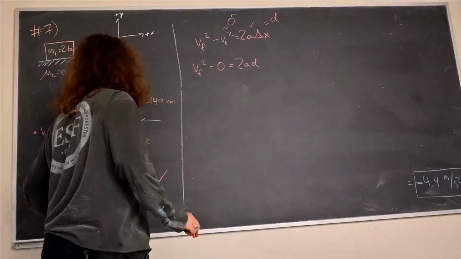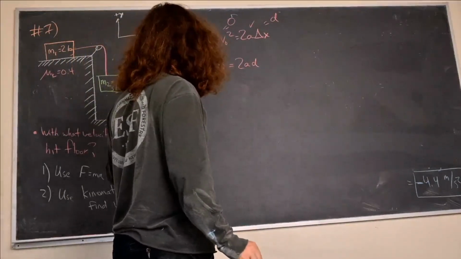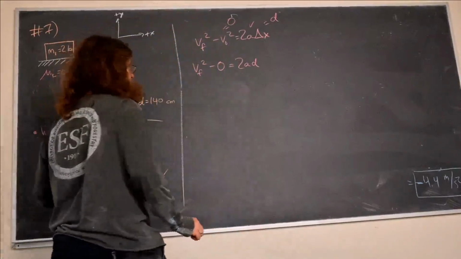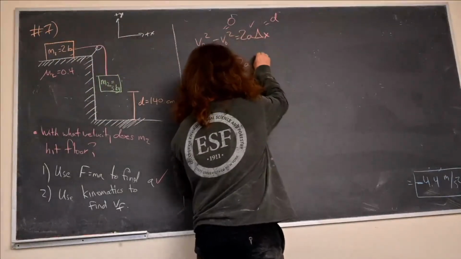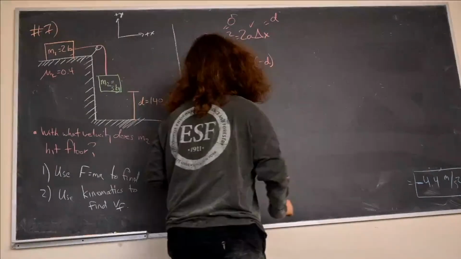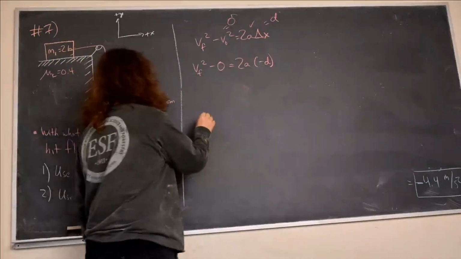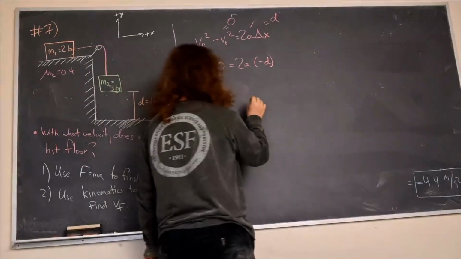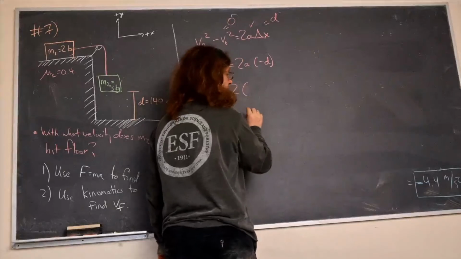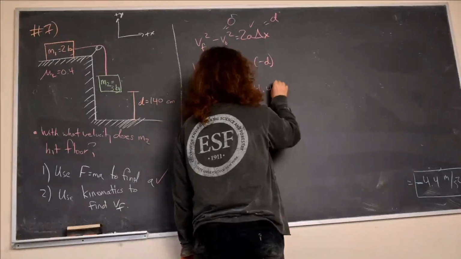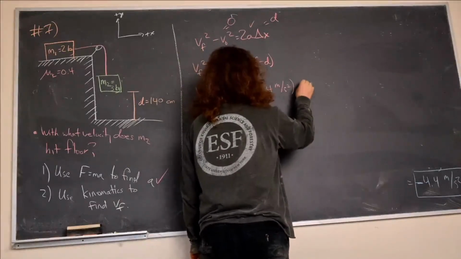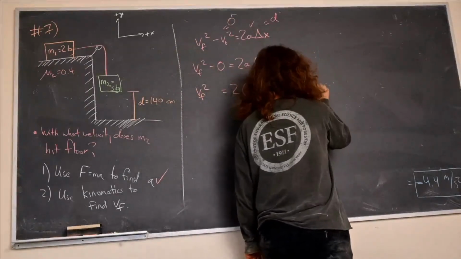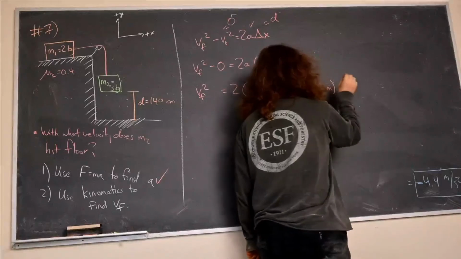Now, the distance moved is downward, because we are traveling down in this problem. So Vf squared equals 2 times minus 4.4 meters per second squared, the distance traveled is minus 1.4 meter.